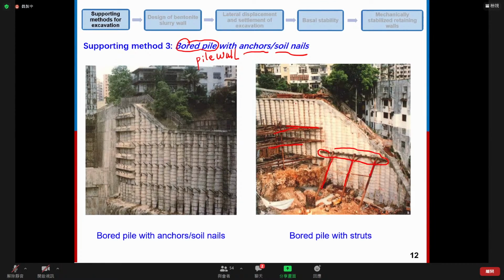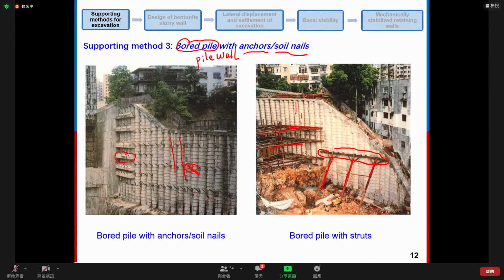This one is the bored pile, and here we can also see the bored pile, and also in front of pile we have soil anchors, this is soil nail. Sorry, this is soil nail. And here we have soil anchors.